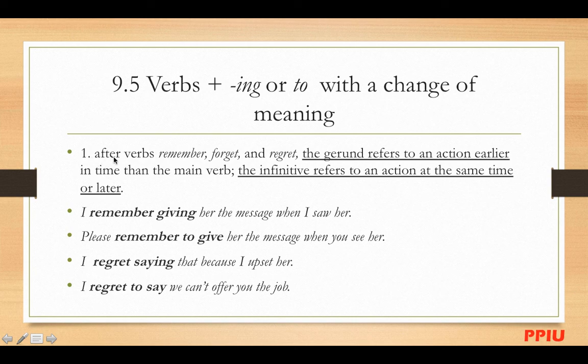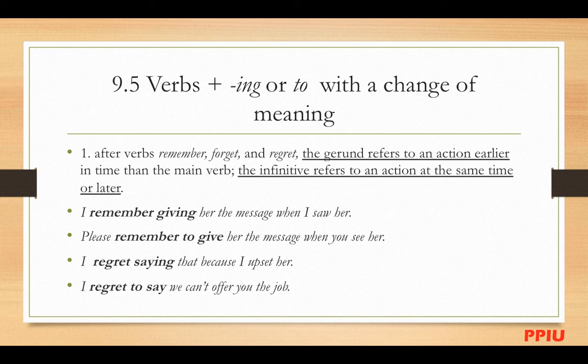Number one, after the verbs remember, forget, and regret, a gerund refers to an action earlier than the main verb. An infinitive refers to an action at the same time or later. In an easy way, you can see it like this. I remember giving her the message when I saw her. So here you remember doing something.